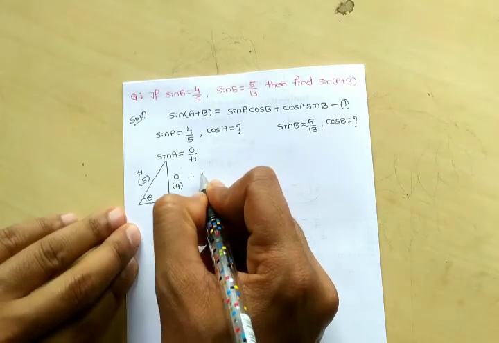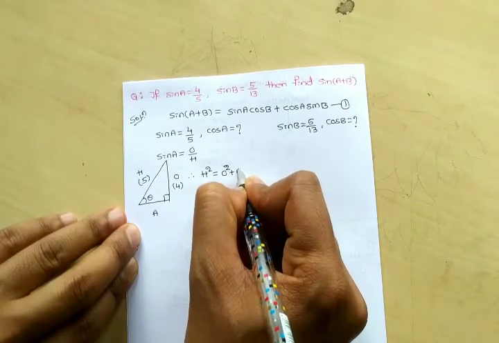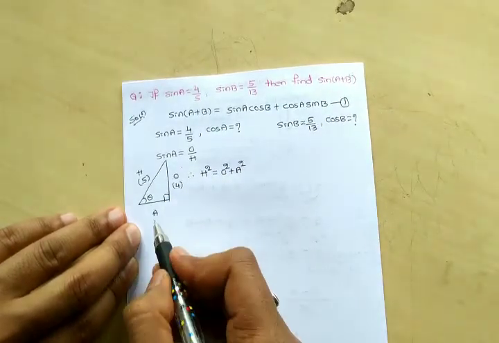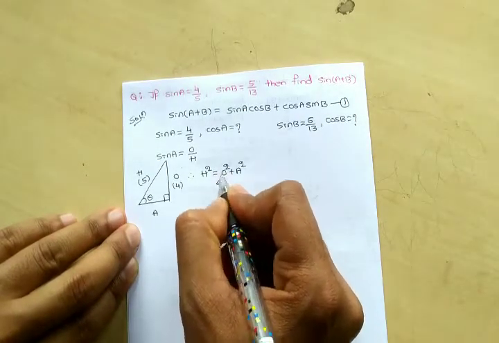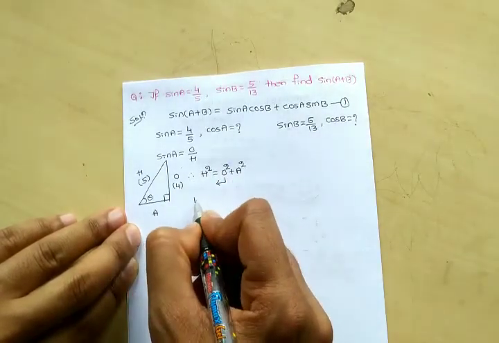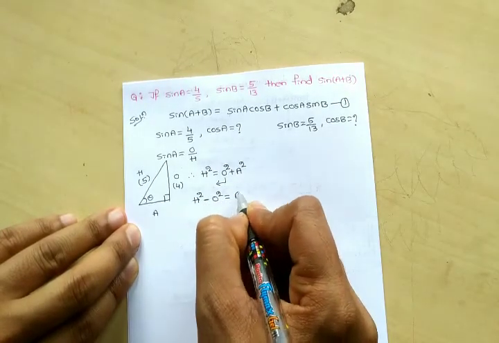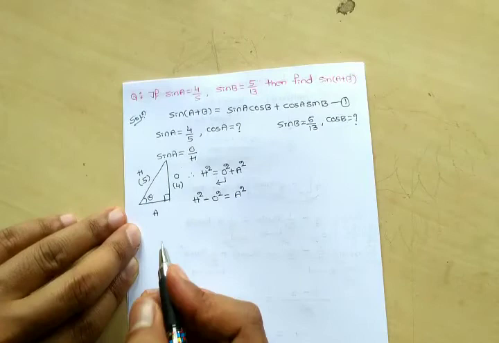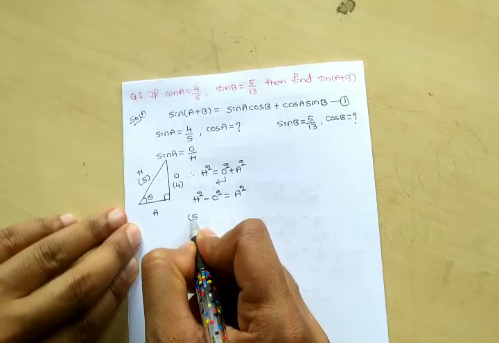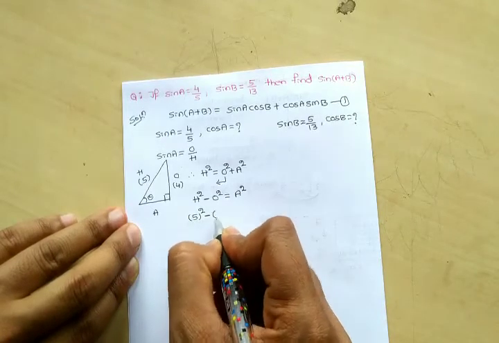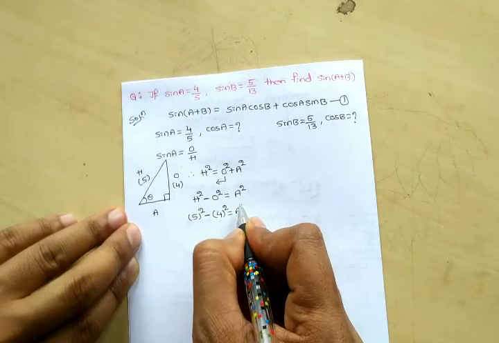Therefore you know h square is equal to O square plus A square. But here which value is the question mark? A. So I am going to shift this O square to the left hand side. So h square minus O square is equal to A square. H is 5, so it is 5 square minus O, which is 4, 4 square, is equal to A square.